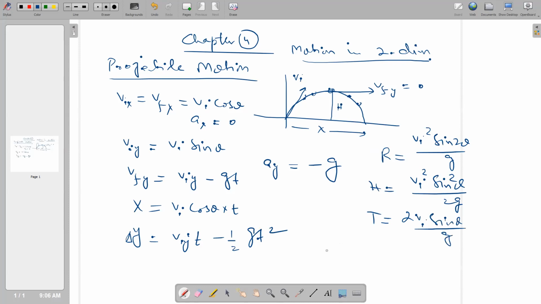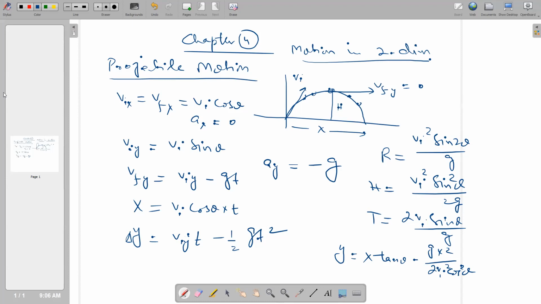And the last formula was the equation of the trajectory, or the path, y is equal to x tan theta minus gx squared over 2 Vi squared cos squared theta. So these are the formulas which we have applied to solve our problems.